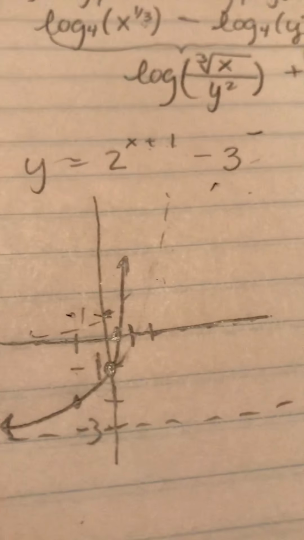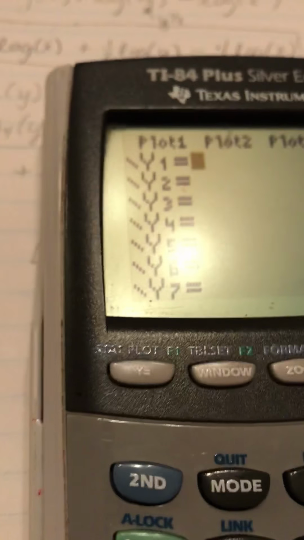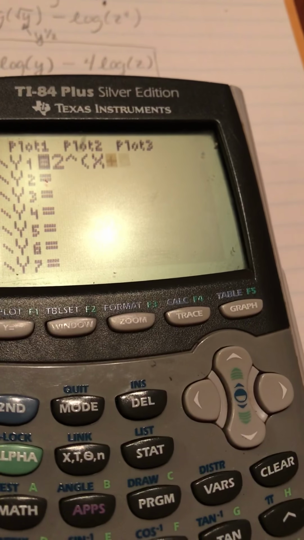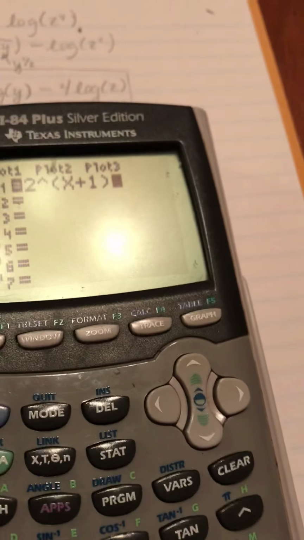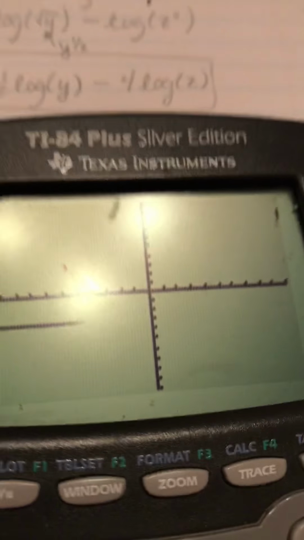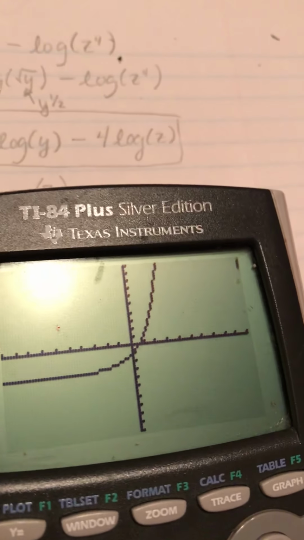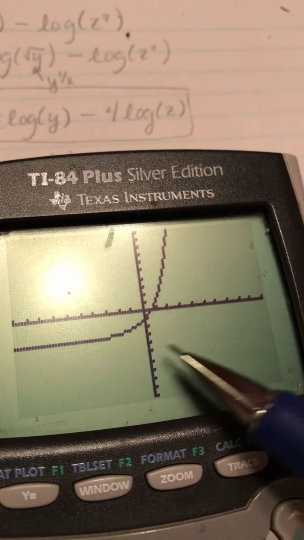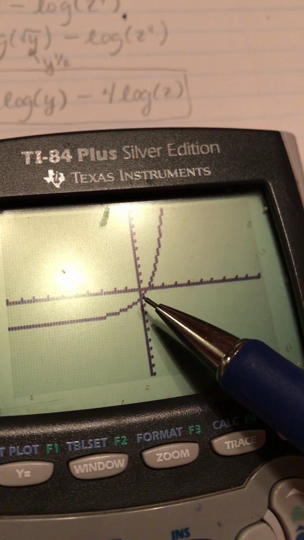And of course, the other way to look at it, or at least check it, is to type this into your calculator as y equals 2 to the quantity x plus 1 power minus 3. Here's a standard window, and you can see, sure enough, it levels off right there at about negative 3, comes through the y-axis.